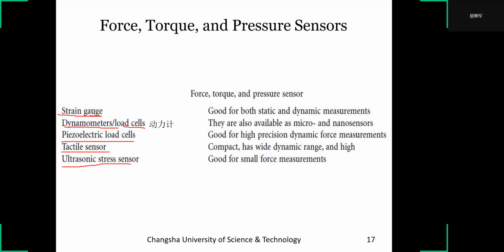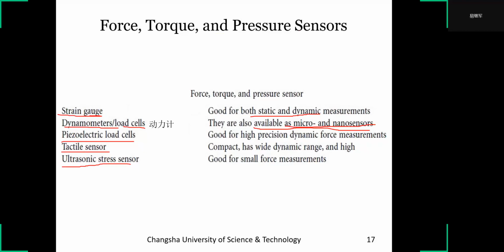Strain gauge is good for static and dynamic. Dynamometer is available as micro and nano sensors.